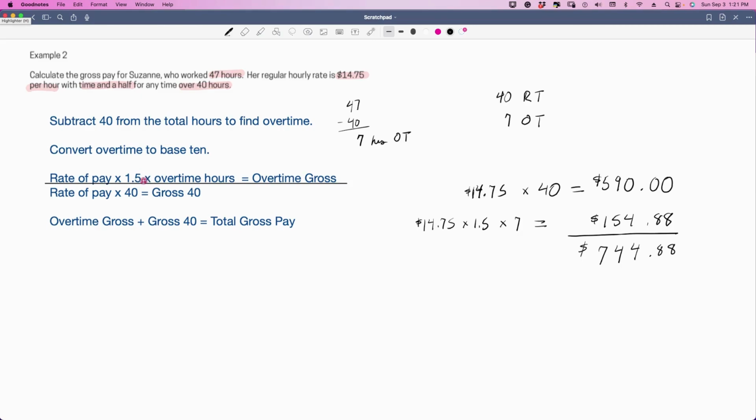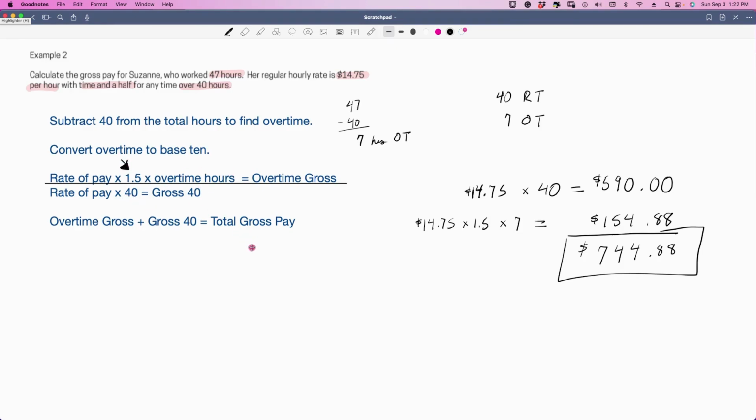When you do that, then you get the right calculation, and then you give your 40 hours and your overtime hours, and you add them together, and then this is going to be the result. All right? So remember to write down this distinction that overtime gets an extra factor of times 1.5.